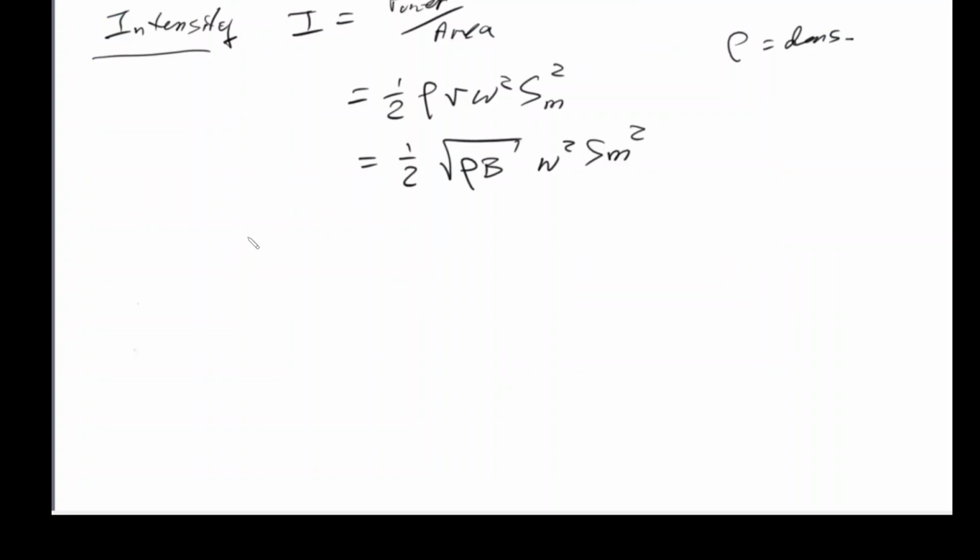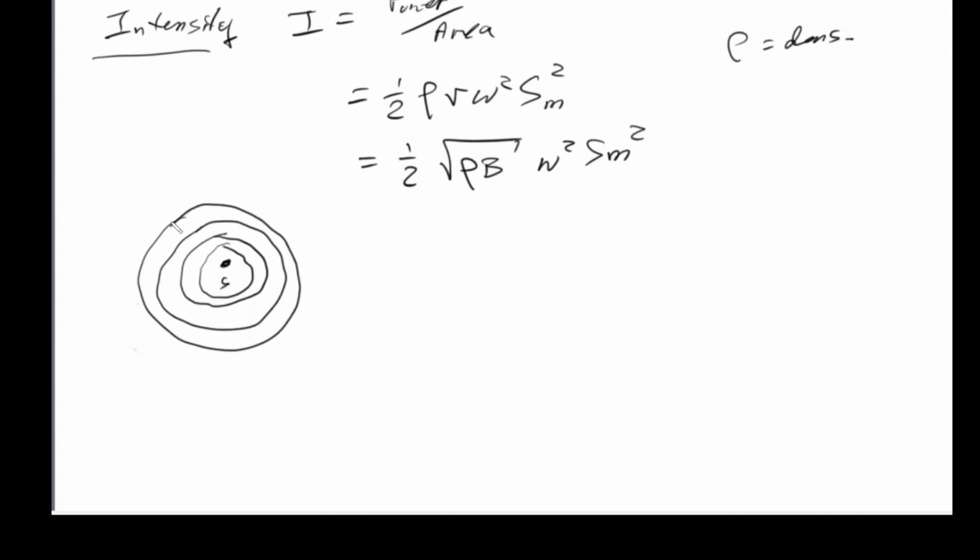Now sound spreads out spherically. So if we have a source, we would see the sound spreading out, if it's not in some kind of tube, in all directions spherically, and this would be r, the radius. So in this case, intensity is equal to power over area, and the area of a sphere is 4 pi r squared.